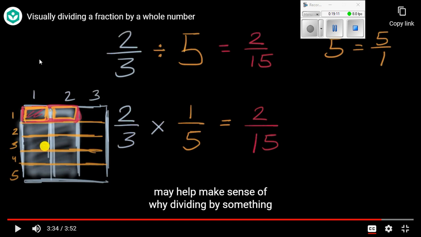Reciprocal, a new math word, reciprocal. Okay, so that means you flip it upside down. So if you have 5 over 1, if you take the reciprocal, it becomes 1 over 5. Okay, so that's going to be our rule.